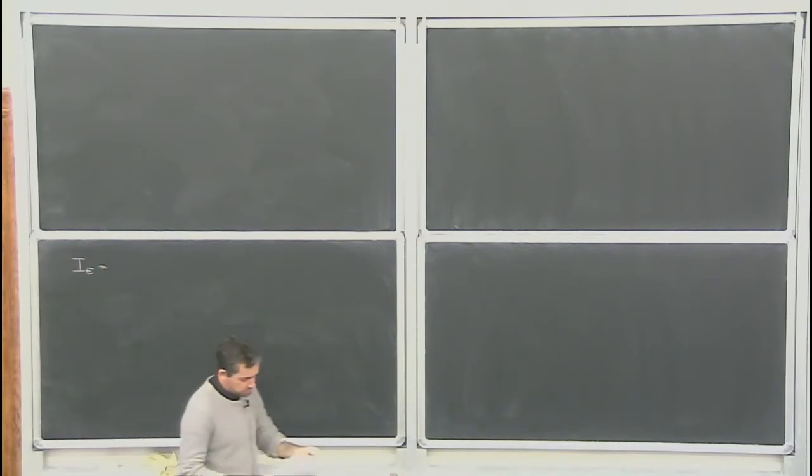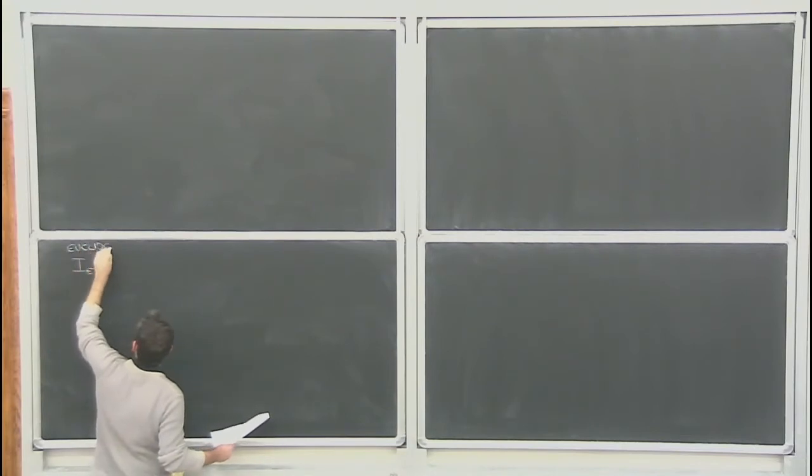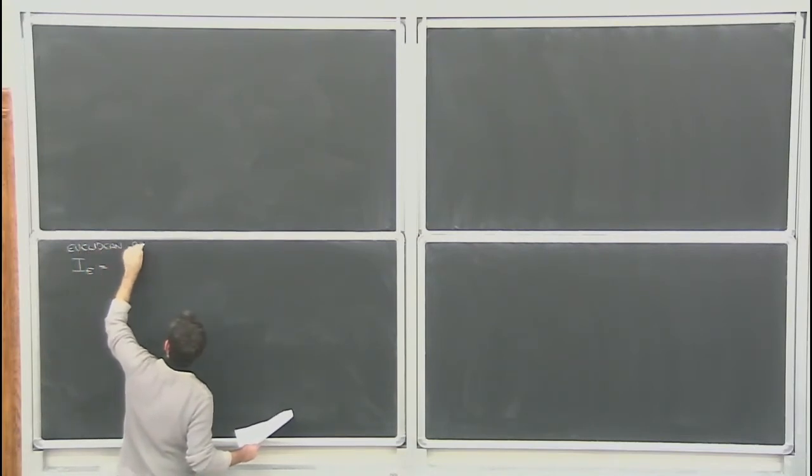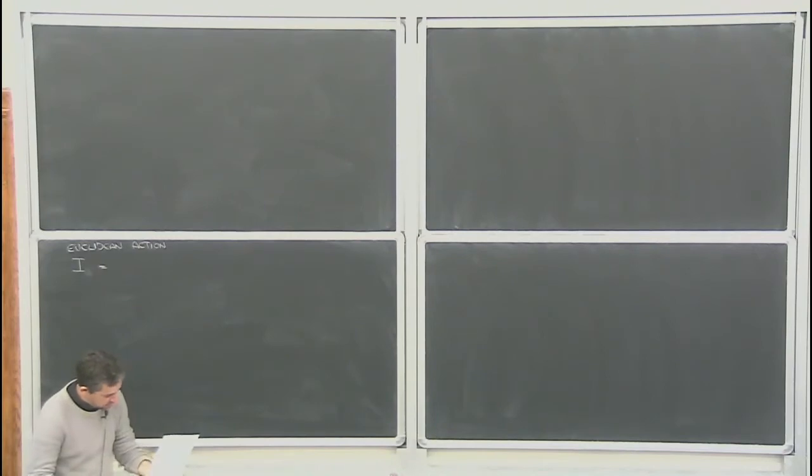Let me drop the E here. We are just Euclidean. We don't pass from Euclidean to Lorentzian in this lecture.